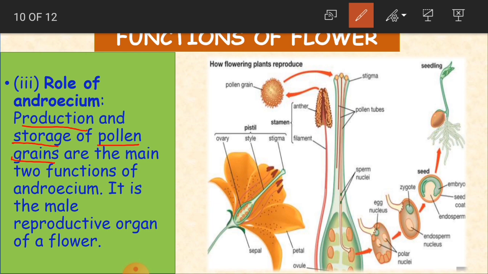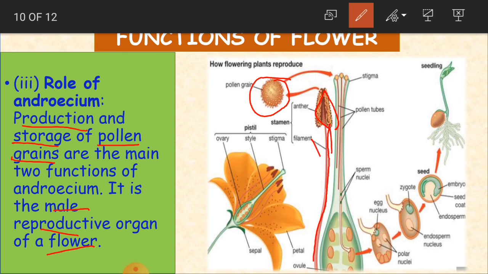It is the male reproductive organ of the flower. So as we learned children, androecium is the male reproductive organ of the flower. If you see this anther, it will be having pollen grains. You can see in the picture here, and it is attached to the filament.